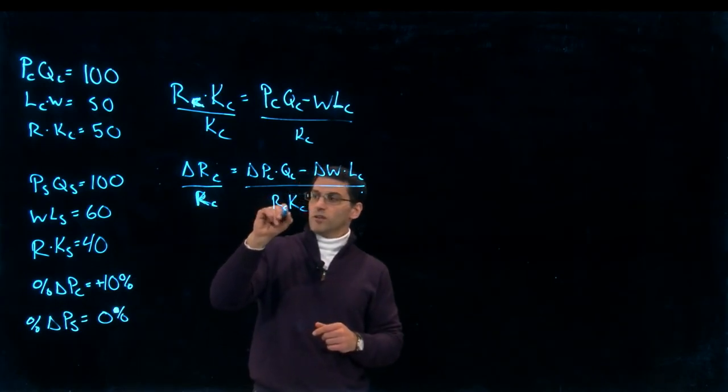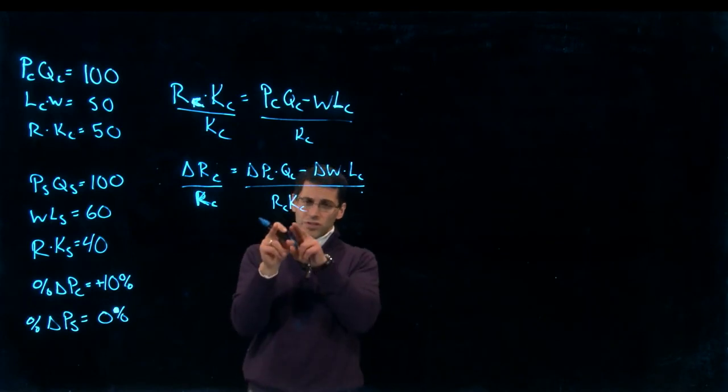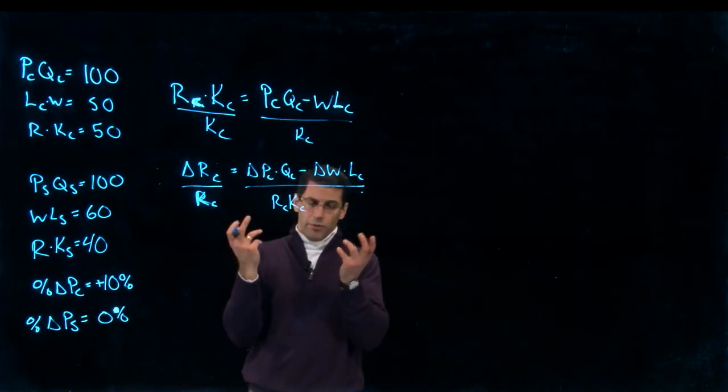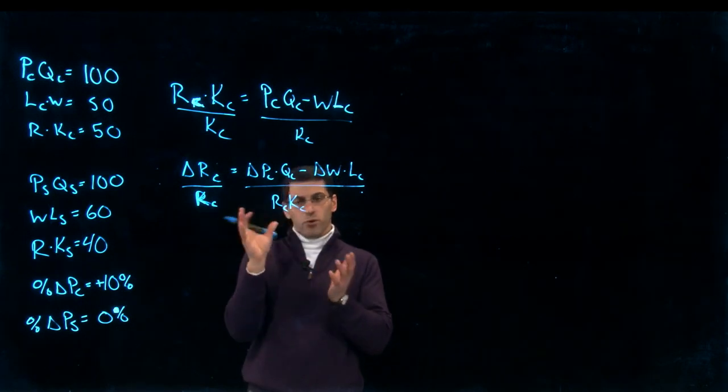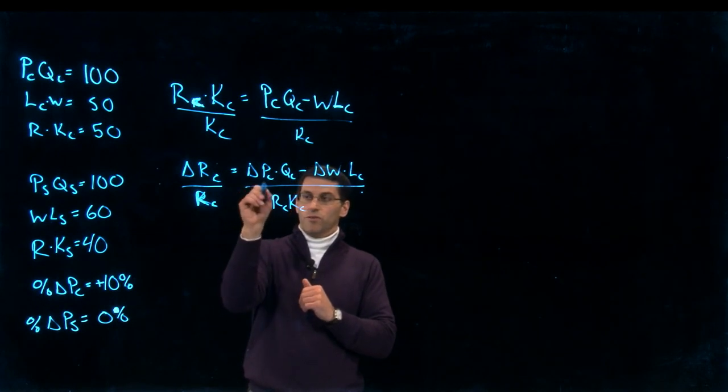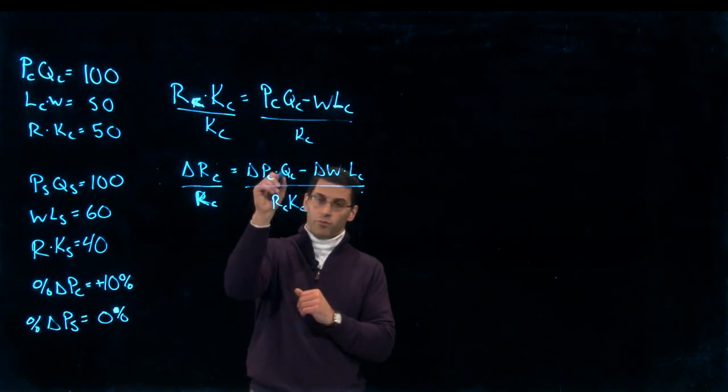So RCKC. So what's RCKC? Total payments to capital in the computer sector. And now what are we going to have to do? We divided through on both sides, so that was fine. Well, we want to convert this into a percentage change as well. So we'd like to divide through by the price in computers, but then we have to multiply.